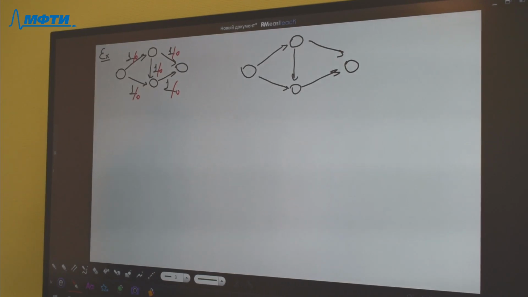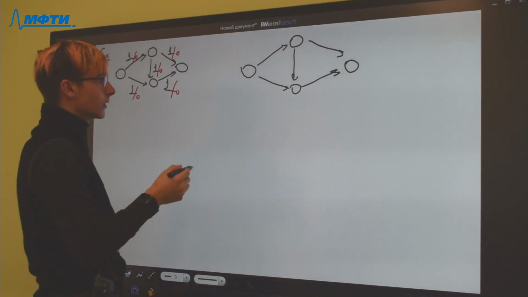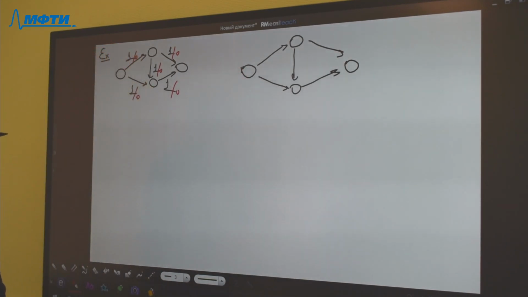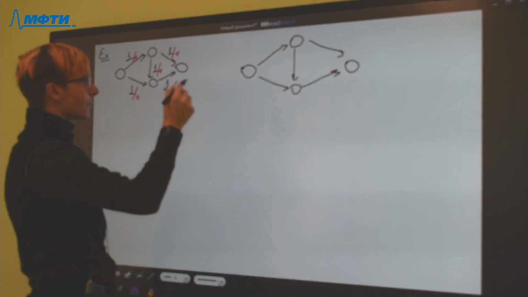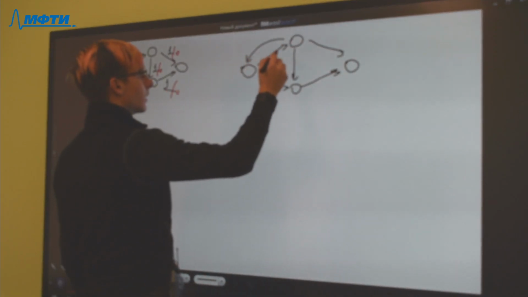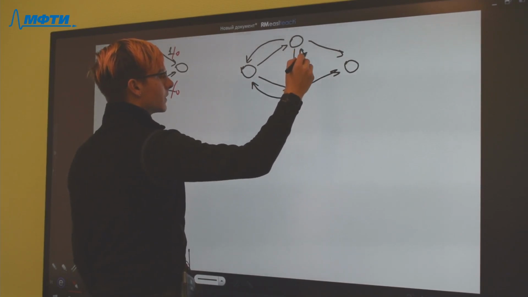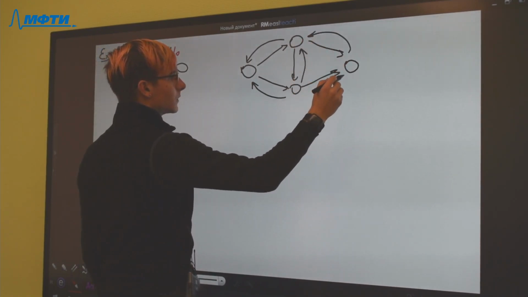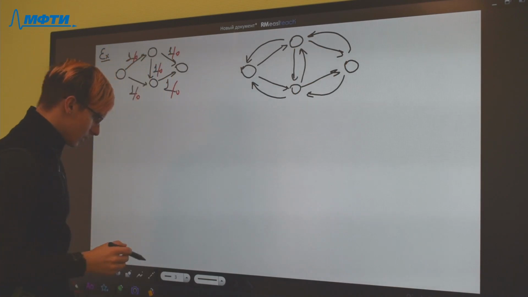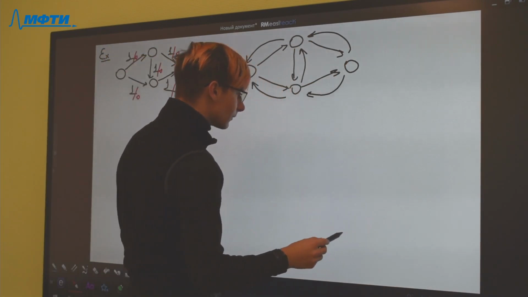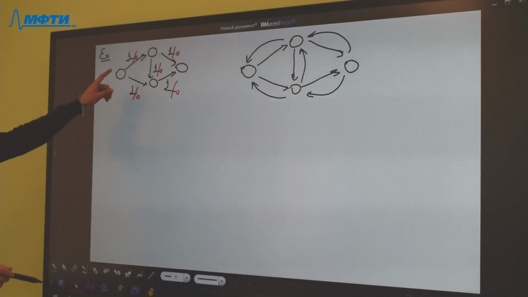In the residual network, we say that there are forward and backward edges. I will now say how to compute it. For example, about forward edges.